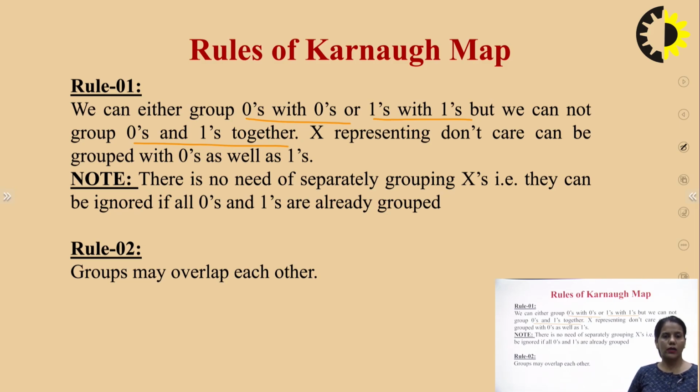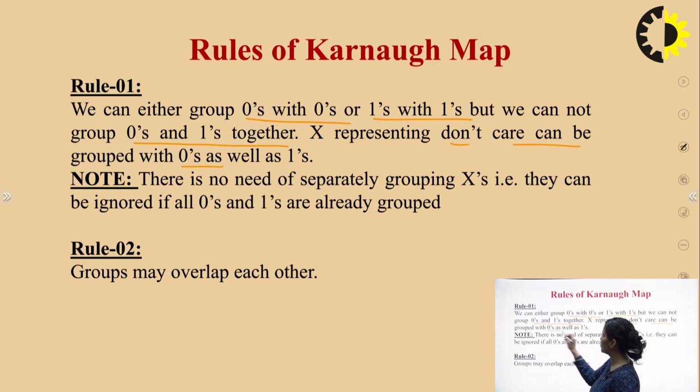Where there are min terms, that represents ones, and otherwise zeros. X representing don't care can be grouped into zeros as well as ones. There is no need of separately grouping X; they can be ignored if all zeros and ones are already grouped. If you are left with only don't cares, you need not group them.